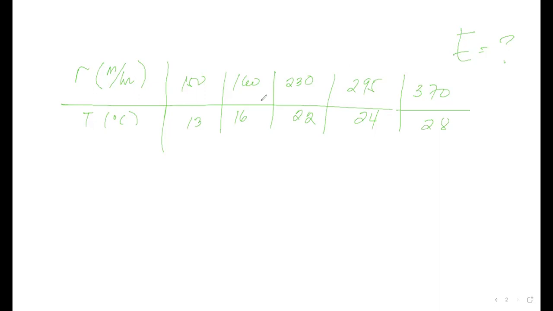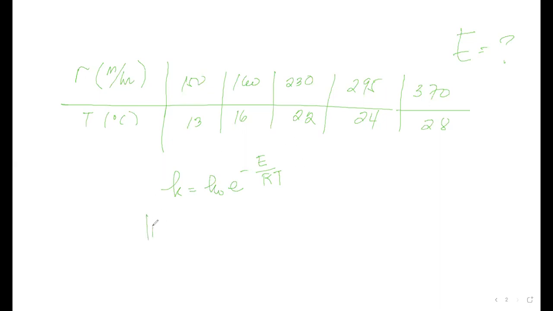Anyone? We'll use the Arrhenius equation. Of course, thank you. So you have k equals k sub o, e raised to negative E over RT. What do I do next? Take the ln of both sides. Correct.